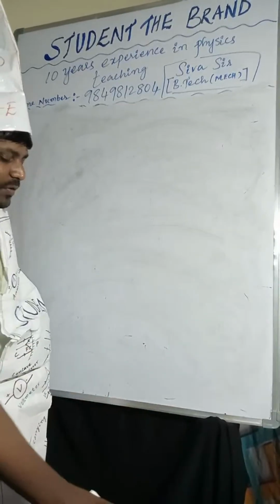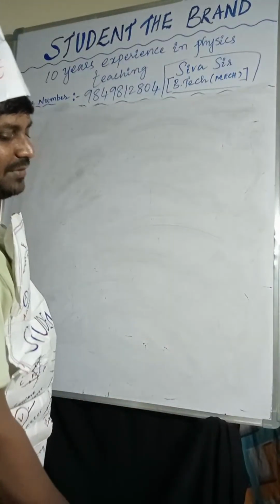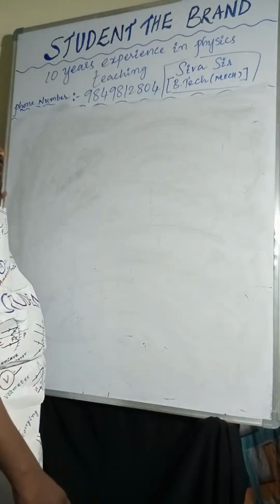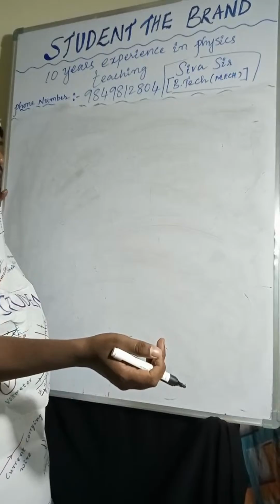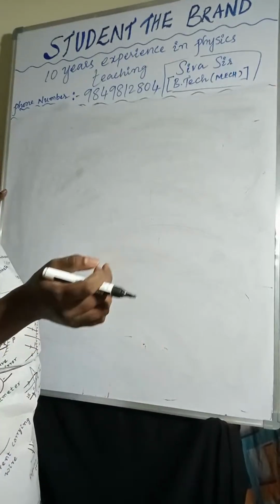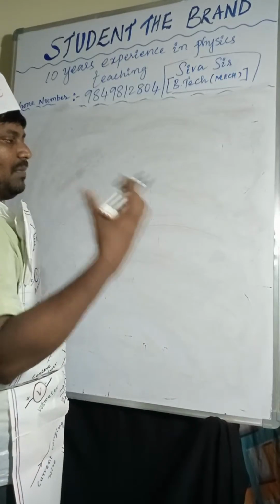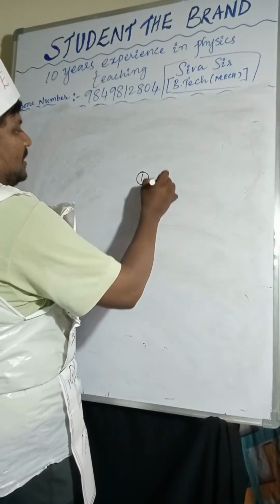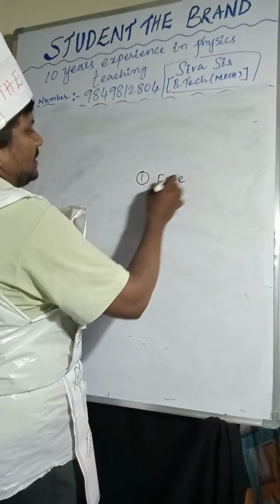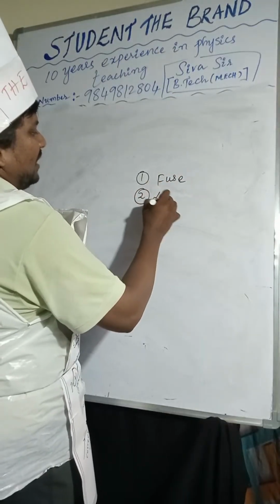Next one is the fuse. Fuse is a device which safeguards the appliances. When a heavy amount of current comes more than the required limit, it will melt and break the circuit. That is a safety measure we use in households. The second one is earthing.